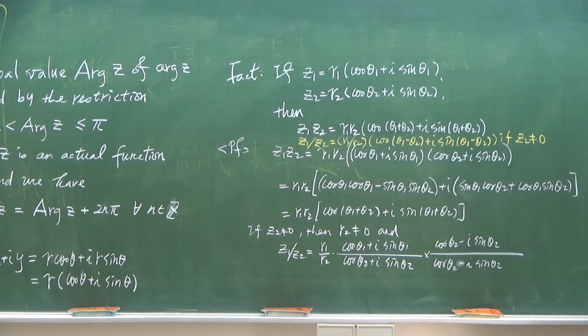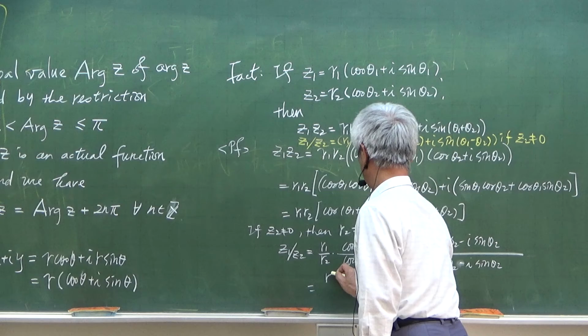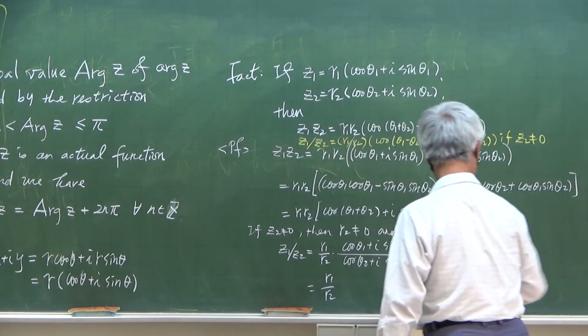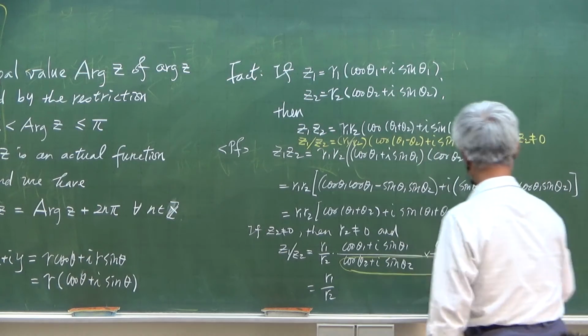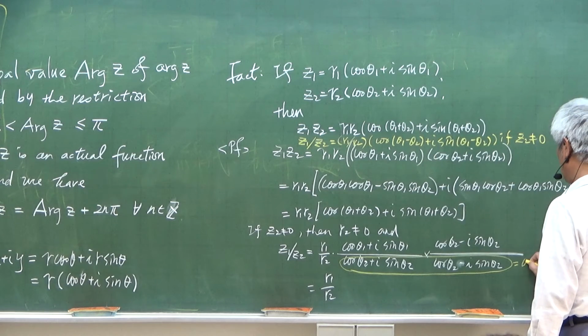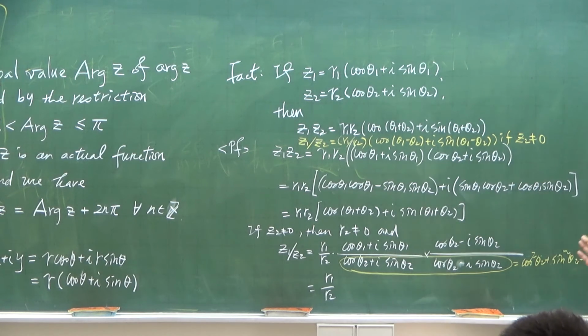Now the denominator becomes cosine squared theta 2 plus sine squared theta 2, which is equal to what? The denominator is equal to 1.